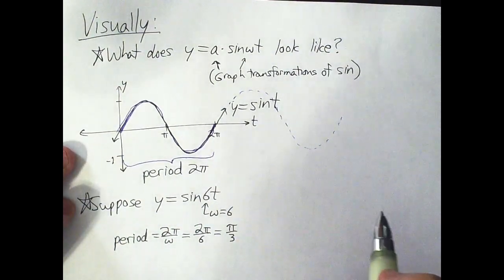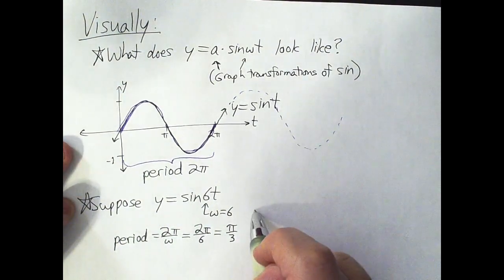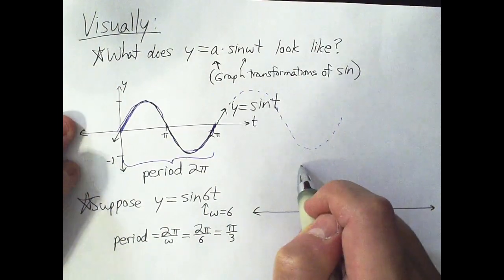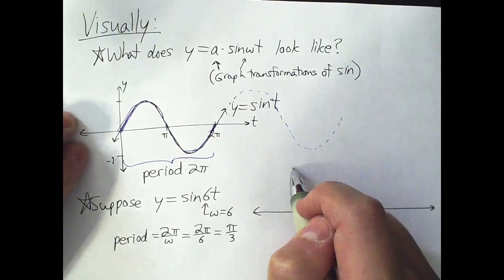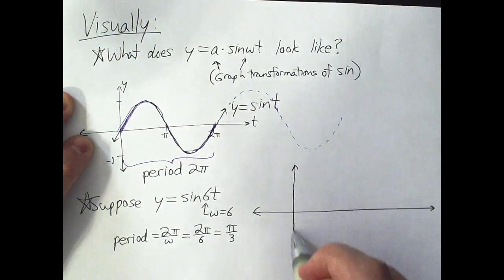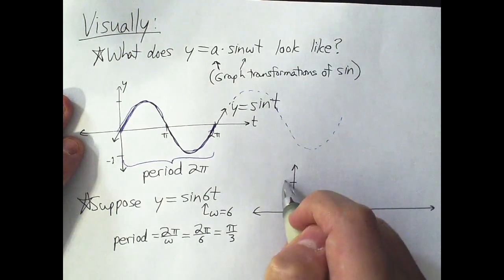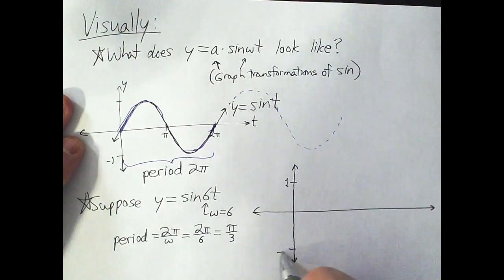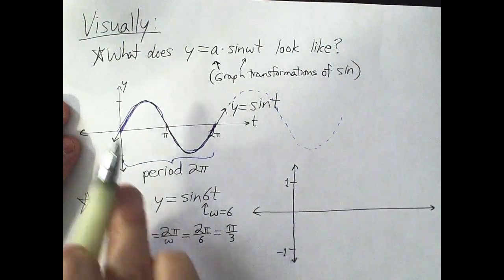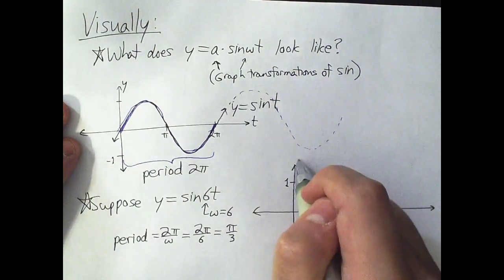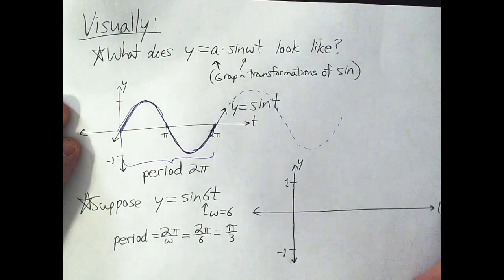So now if I try to draw a picture of this, maybe we could try to draw a picture with roughly the same scale. That's going to help us to really see what I'm trying to illustrate here. So I'll try to make my pictures roughly the same size, at least the y-axis and the t-axis.